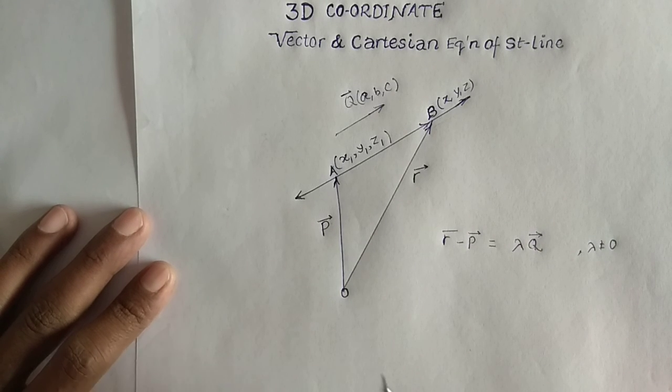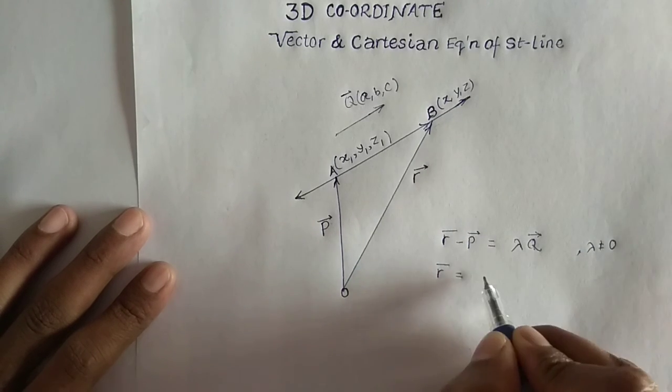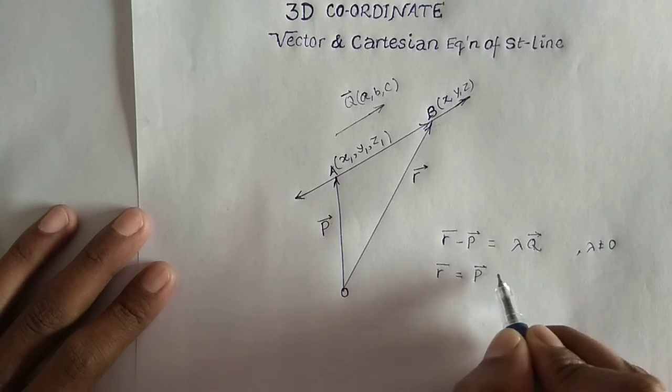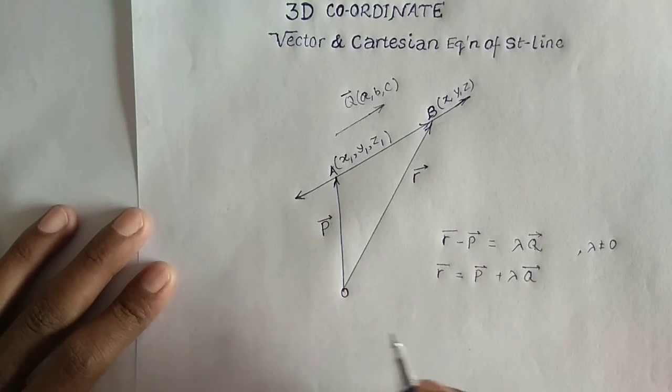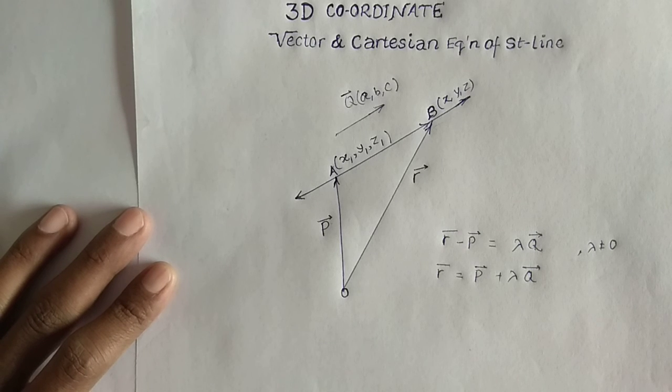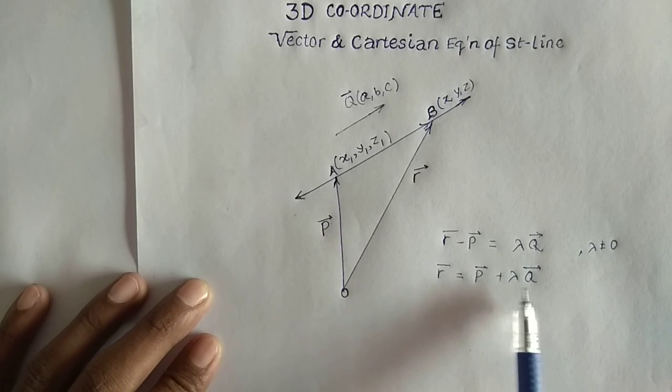Now, R is equal to vector P plus lambda times vector Q.